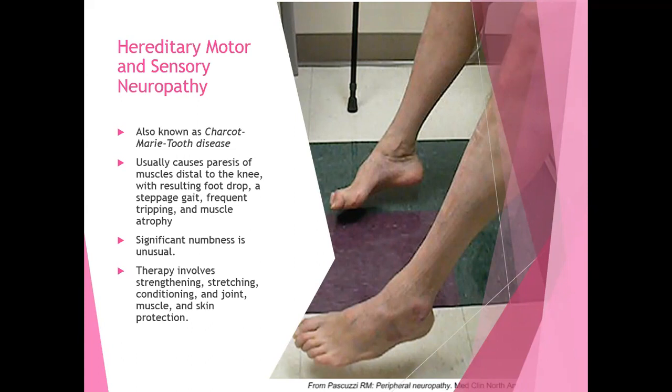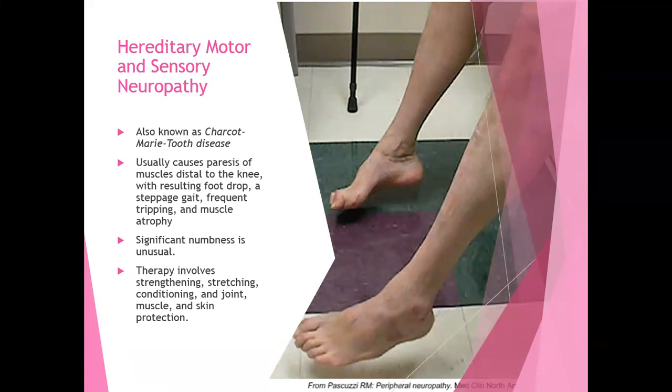Significant numbness is unusual, so it mostly affects motor issues. Therapy involves strengthening, stretching, conditioning, joint, muscle and skin protection, gait and balance training, like everything. The stretching is really important for people with CMT.